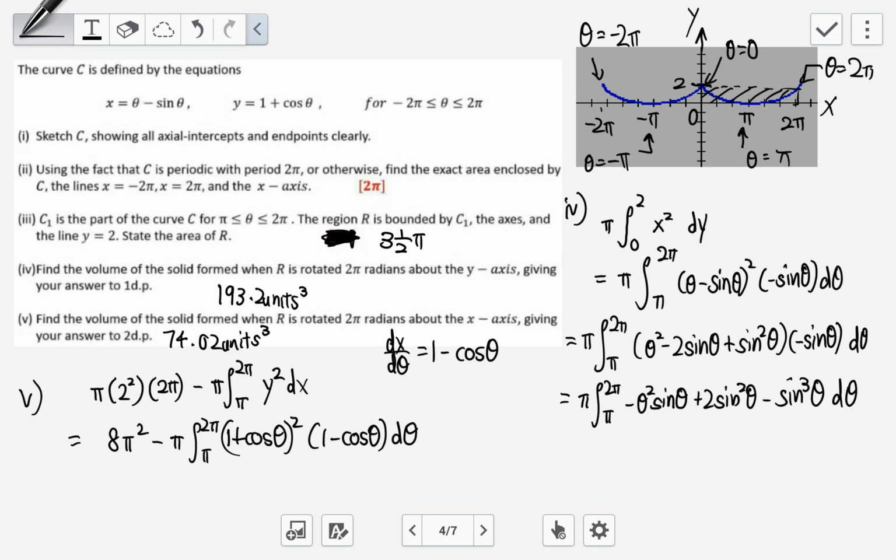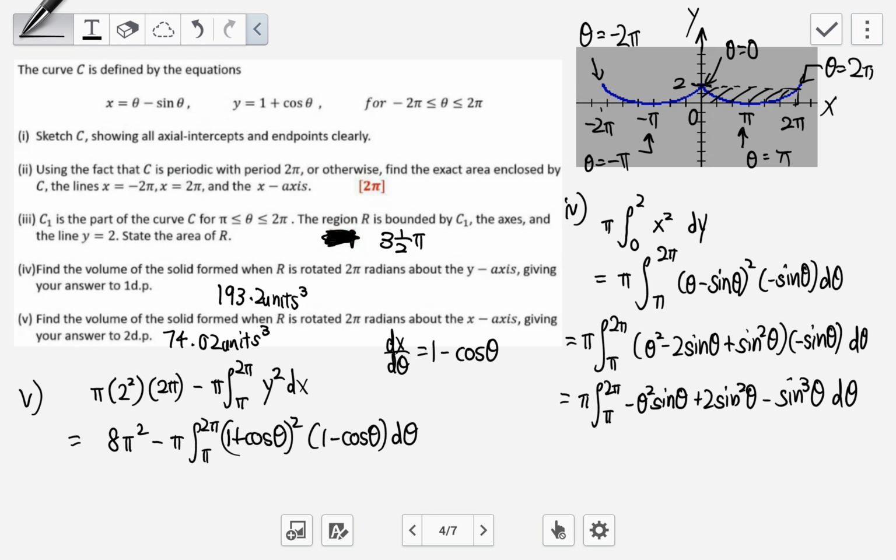Let me use the GC first to confirm the answers, and after that we explore ways to integrate this kind of expression. That may take long because I haven't thought of a way to integrate this expression yet. Maybe we need to change this to a Cartesian equation first for easier integration. I don't know, so let's try.